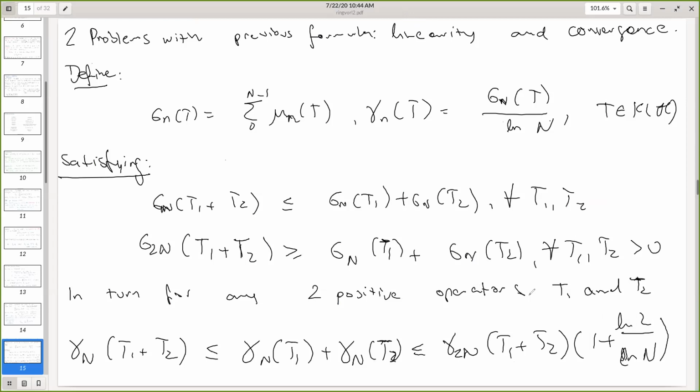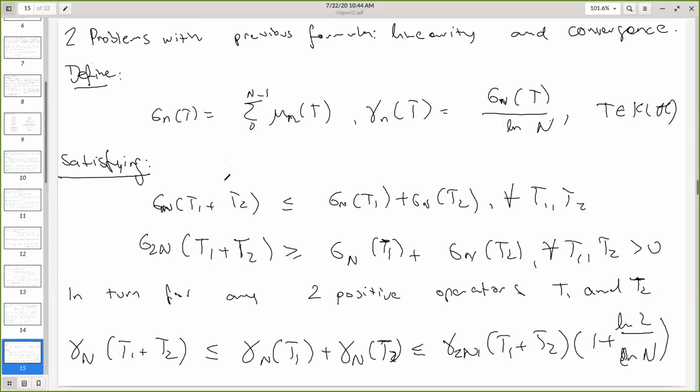Hence in turn, for any two positive operators, you have this inequality: γ_n of T1 plus T2 is less or equal than γ_n of T1 plus γ_n of T2. And then you use the second one, and you have γ_{2n} of T1 plus T2 bounded by 1 plus ln 2 divided by ln n. Okay, this is just an inequality.